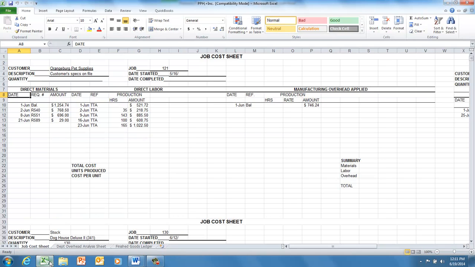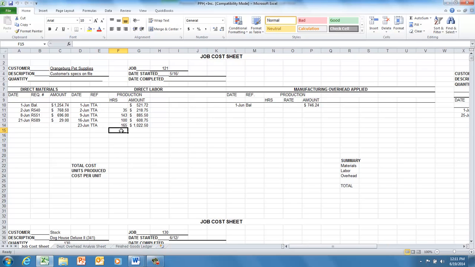Here are our Excel sheets, our job cost sheets, and for each job you're going to put the date and the reference, which is TTA, although you could say TTA 0630 because it's the TTA from June 30th.